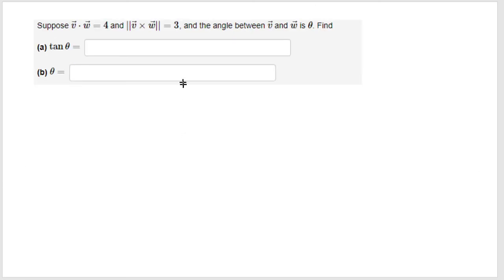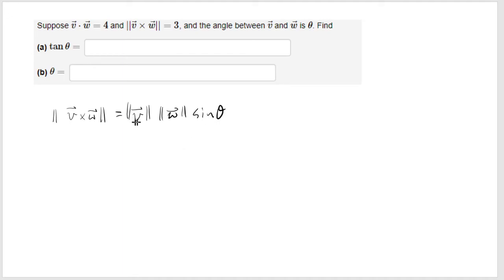Here's another question. Let's say you're given these, and the question is to find the angle between the two things. Now, what you have to be careful of is that this is not a multiplication, it's a cross product. So you have to know that the cross product is a vector that's perpendicular to both vectors, but its magnitude is the norm of each times the sine of the angle between.